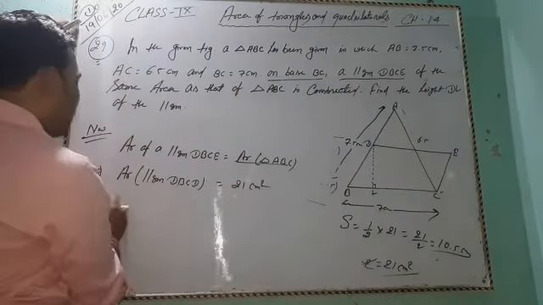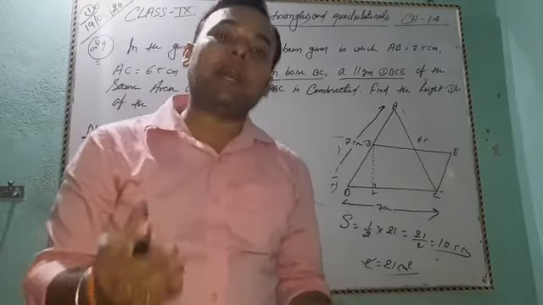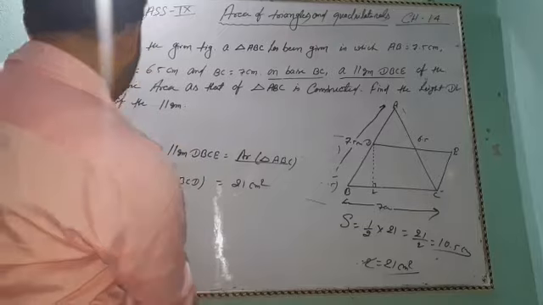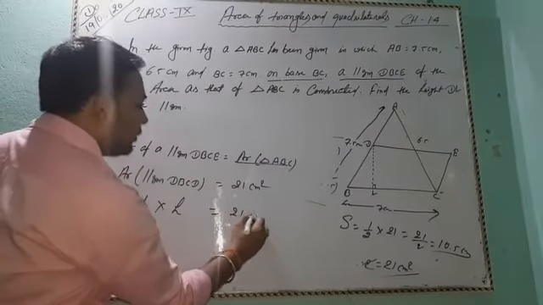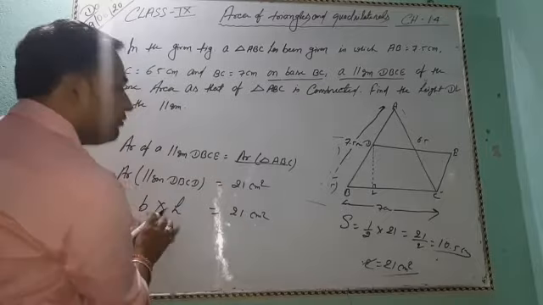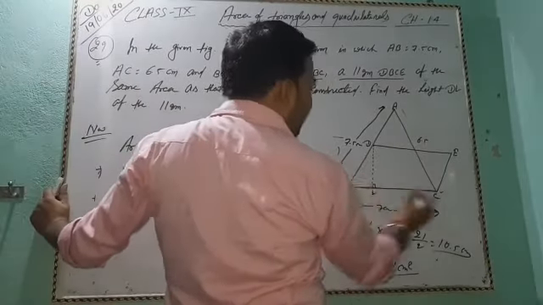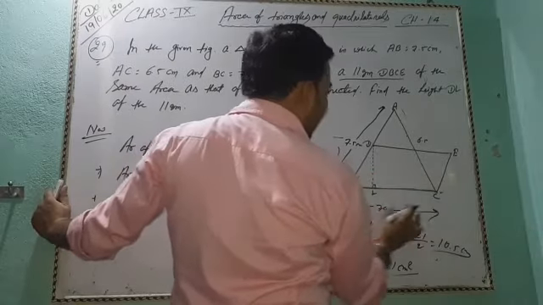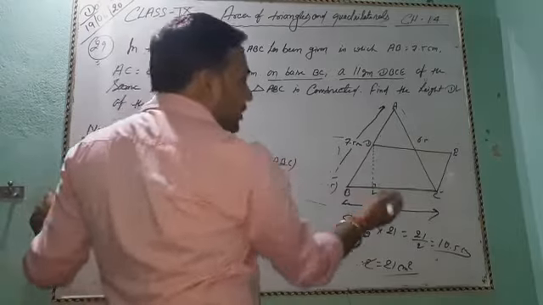Area of the parallelogram equal to base multiplied by height. So base into height equal to 21 centimeter square. Base is BC, and the parallelogram DBCE base is BC, that is 7 centimeter, and height is DL, find DL.